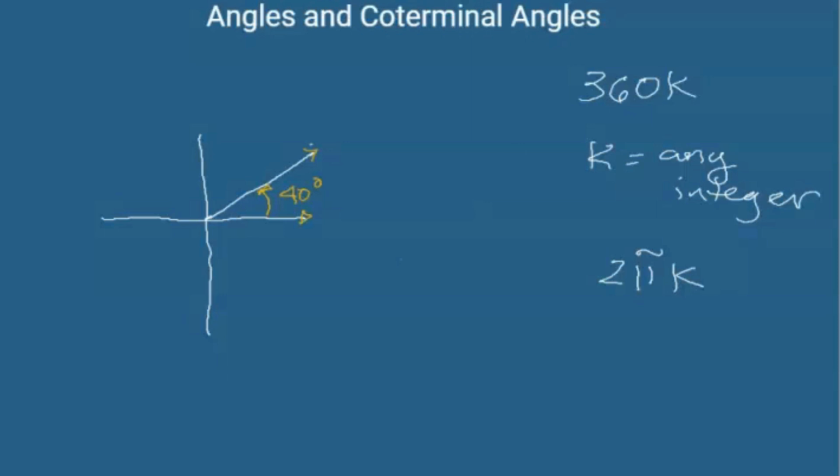Okay, so it means 40 degrees plus 360 degrees is equal to 400 degrees. So to illustrate that, we'll have 360 and then share the terminal side. So that's 400 degrees.